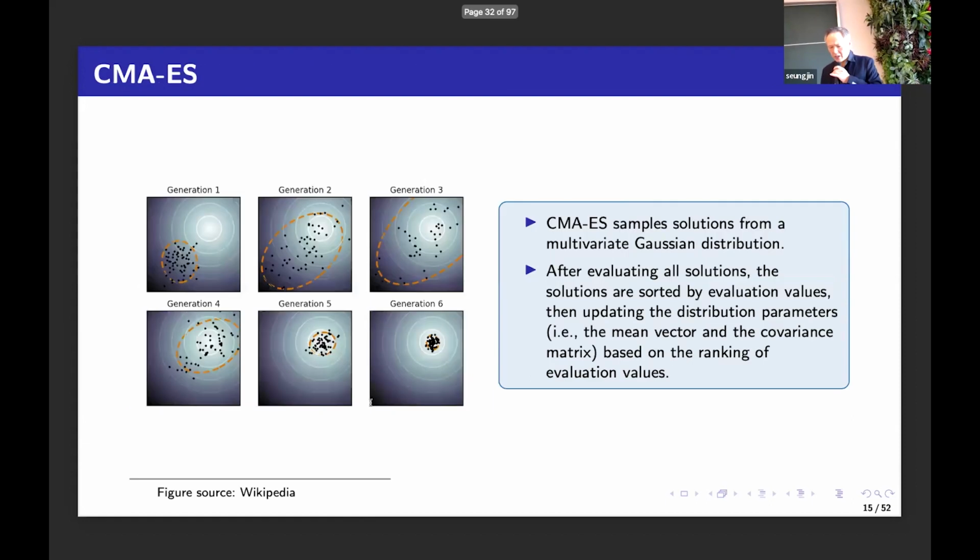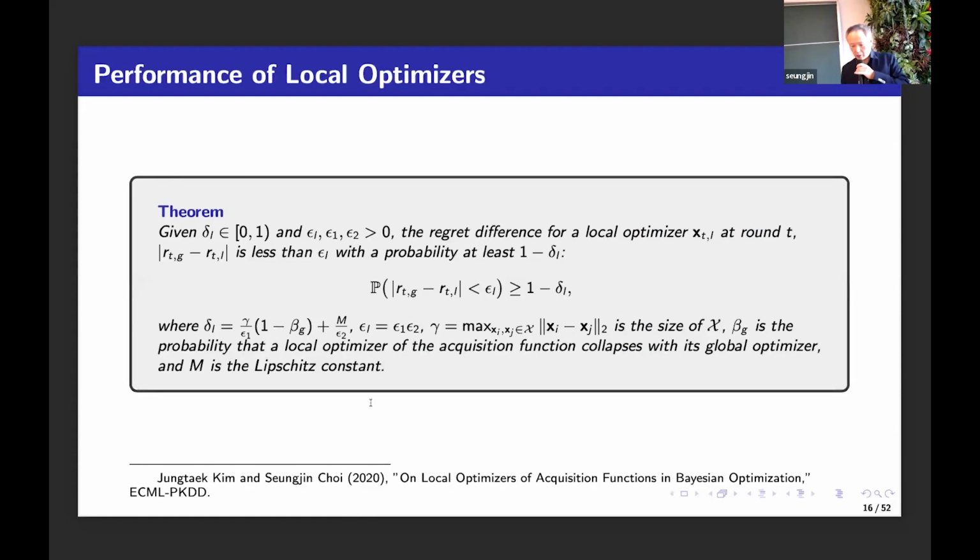It turns out that the gap, or the difference, between the instantaneous regret incurred by choosing the local optimizer like L-BFGS, r_T^L, which is the instantaneous regret determined by using the local optimizer, and r_T^G, which is the instantaneous regret determined by the global optimizer, is not really big.